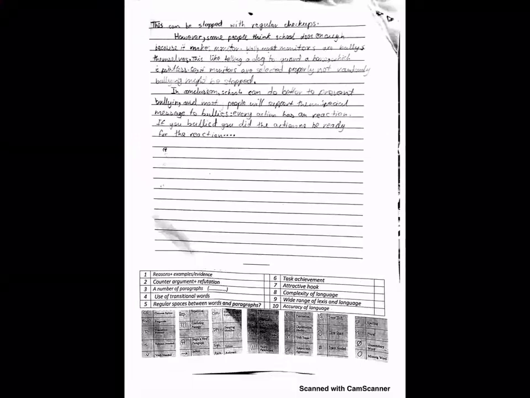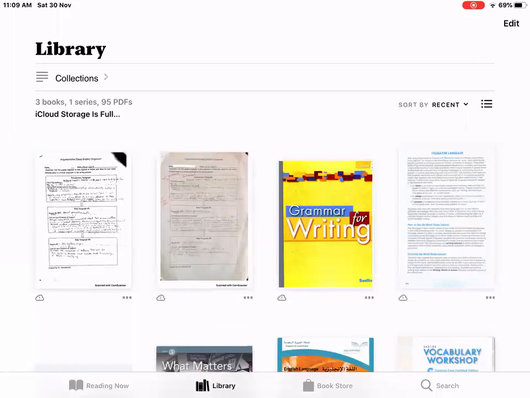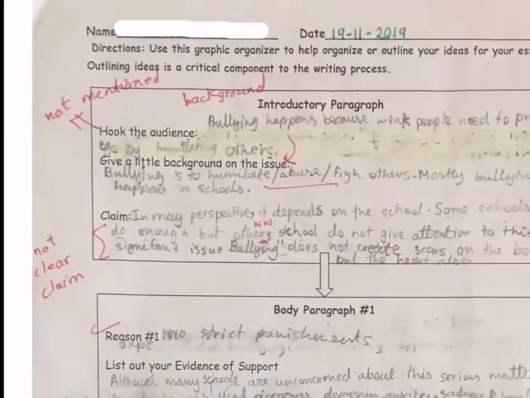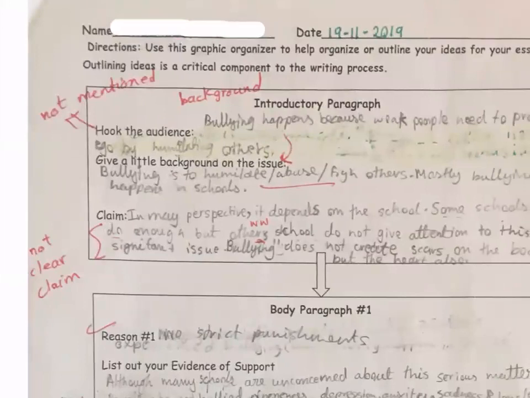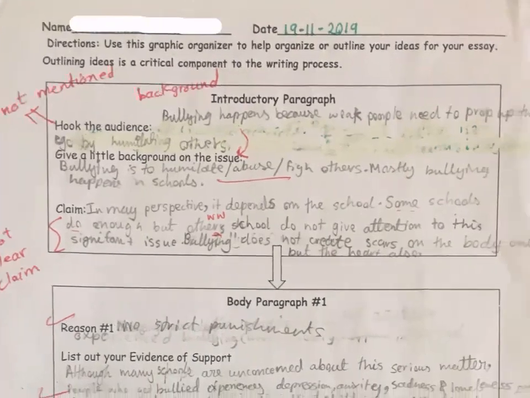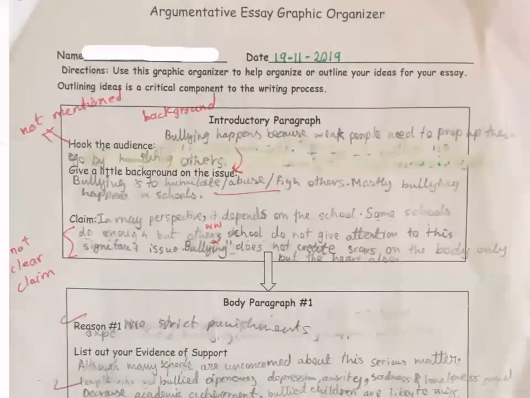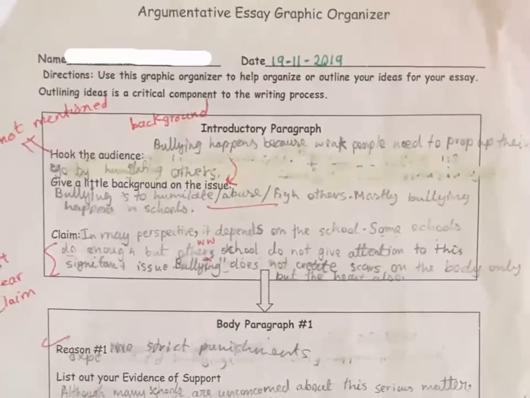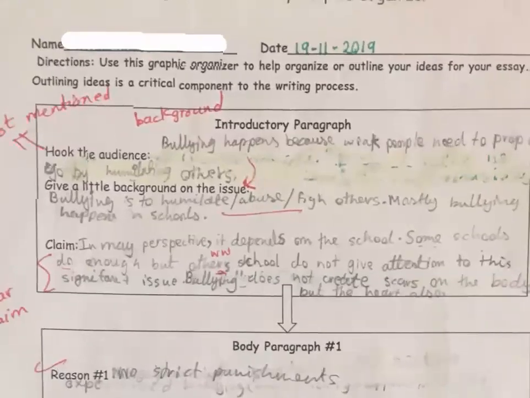Now I will go to the answer analysis. As you can see here, the student didn't have a hook, because this sentence, "bullying happens because weak people need to prop up their ego by humiliating others," is not a suitable hook.